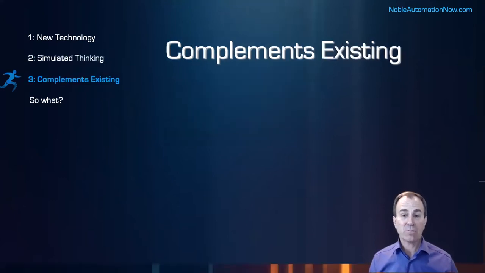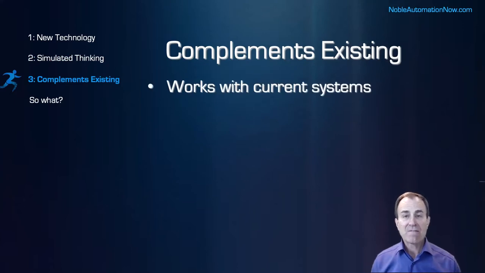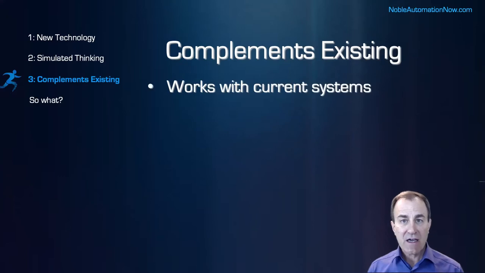The next major component of this is that it complements the existing. So people think of, what are all these technologies going to do to my existing business? Well, the first thing complementing the existing means, first thing it's relevant, is it works with current systems. Most of these technologies simply plug into, lay on top of, interact with the existing systems you have.